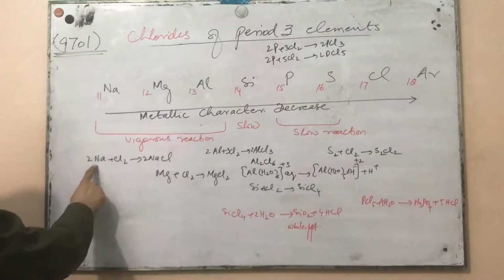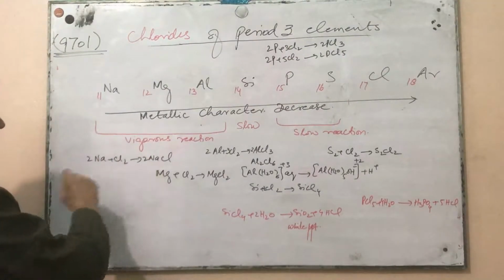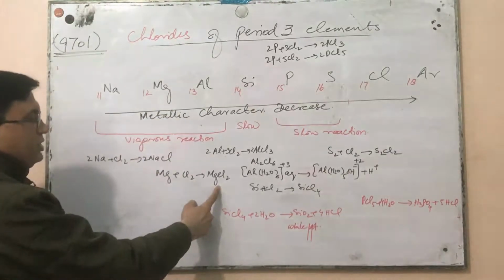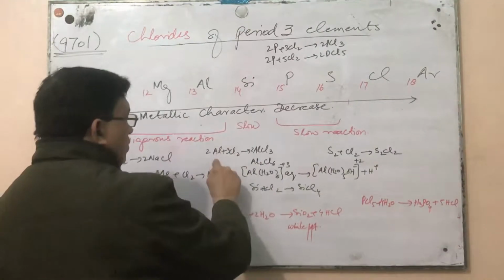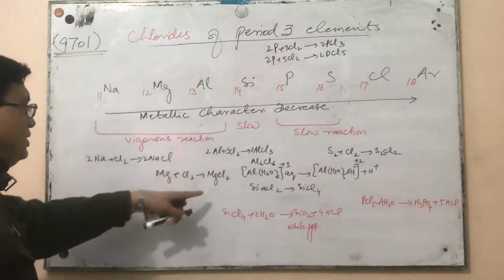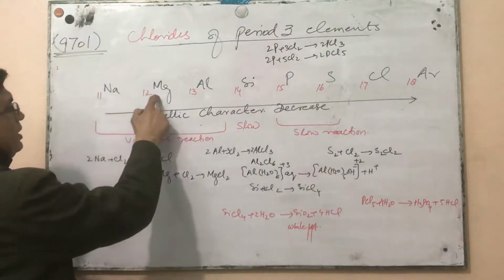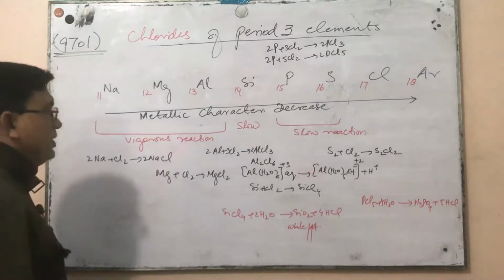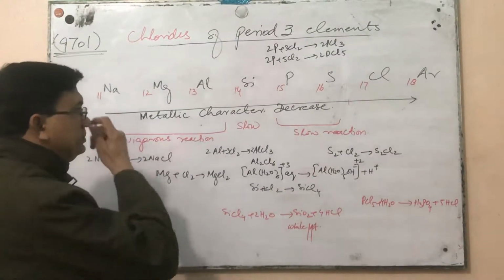For example, sodium metal reacts with chlorine producing NaCl. Magnesium reacts with chlorine producing magnesium chloride, and aluminium reacts with chlorine producing aluminium chloride.